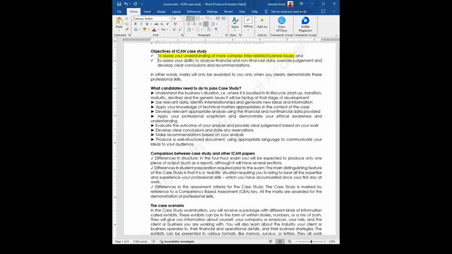What are the possible implications of demographic reports in a country on the performance of a business? What are the possible impacts of a pandemic on a business, a war on a business, insecurity on a business? And so the case wants to assess your ability to analyze both financial and non-financial data on the performance of a business. Thereby, you make conclusions and recommendations.